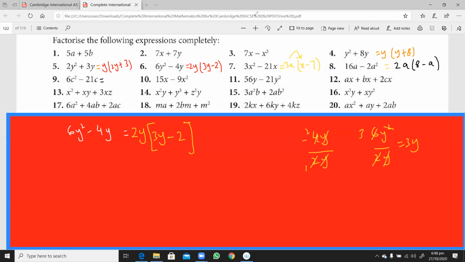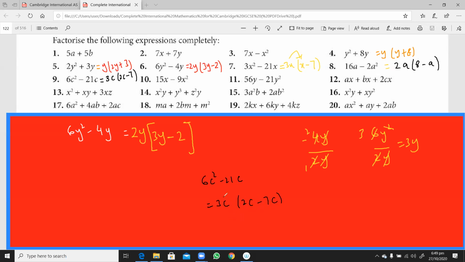Yes, Ayan. Sir, 3c into 2c minus 3c into 2c minus 7c. Just 7, Ayan. Look, this is 6c square minus 21c, and you're saying that this is 3c into 2c minus 7c.